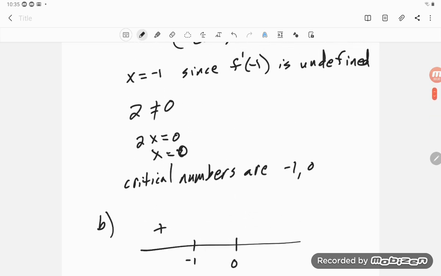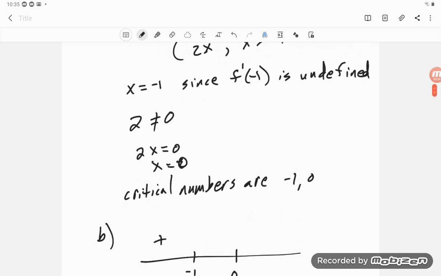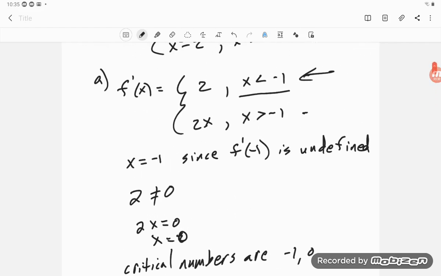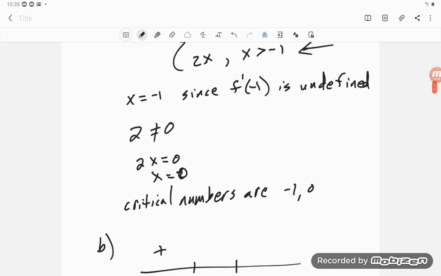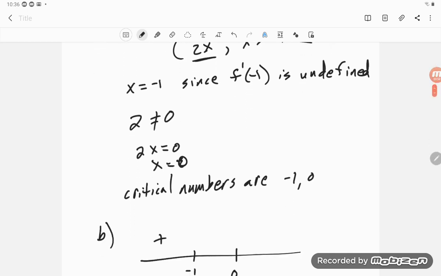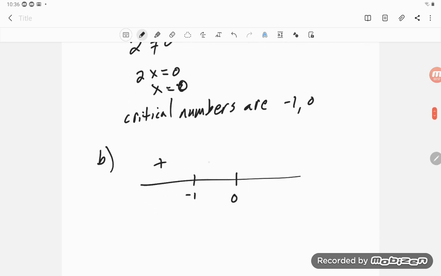Then between negative 1 and 0, I'm in the x squared minus 2 part, so let's try negative 1/2. If I put any negative number into 2x, I get a negative number out.